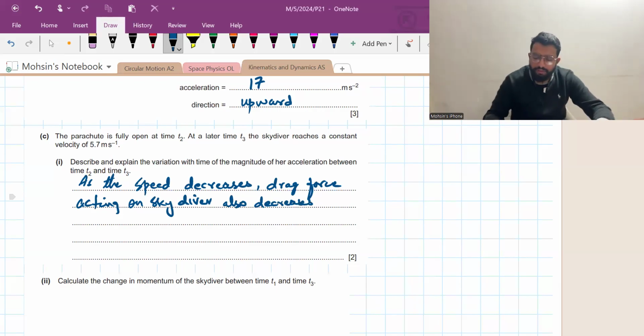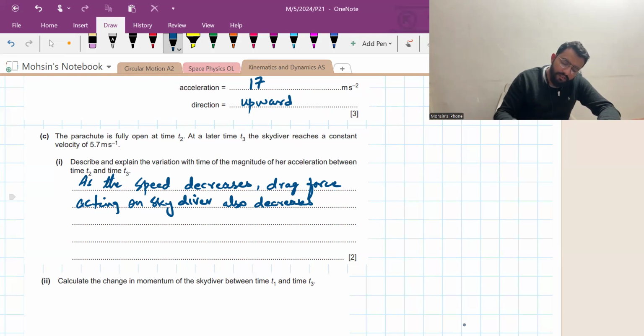If the drag force is decreasing, it is decreasing the resultant force as well. If the resultant force is decreasing, the acceleration will also decrease. And again, the object will reach the constant velocity when acceleration becomes zero.